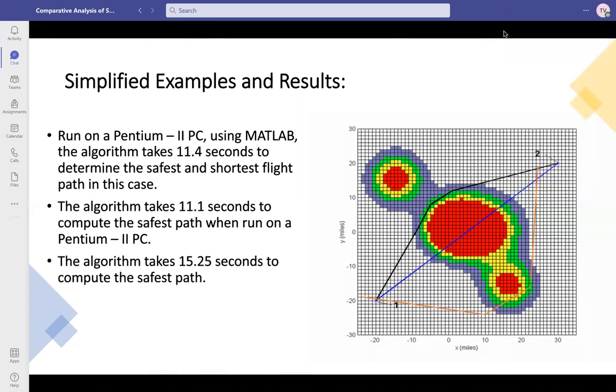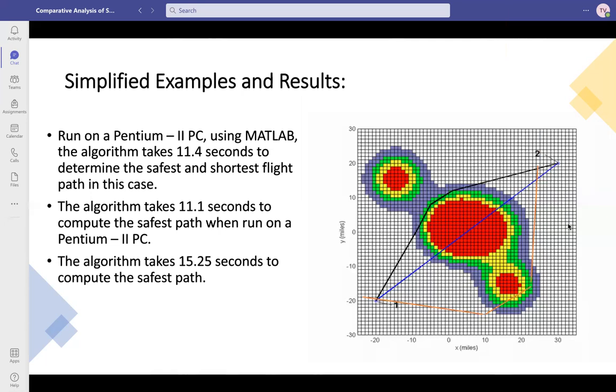But the main goal of these algorithms is to find the shortest path to reach the destination. So we'll go with the first line, the black line, because that's the safest and the shortest path, and we'll reach the destination within 11.4 seconds. That's how they calculate these results.